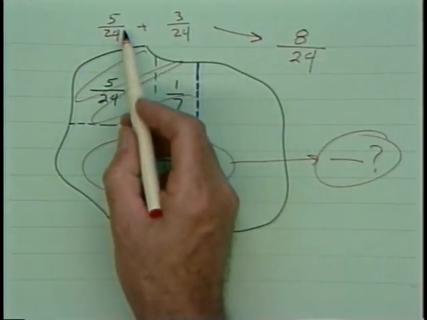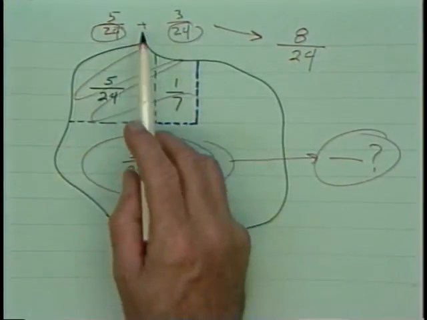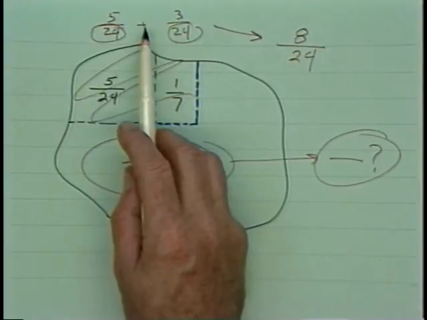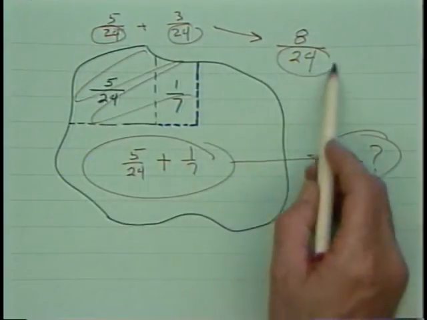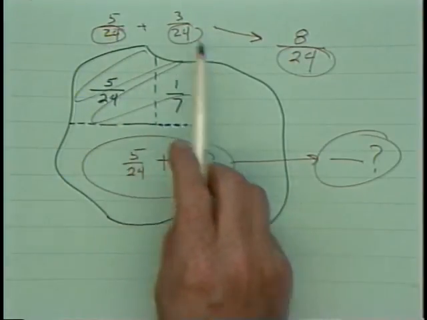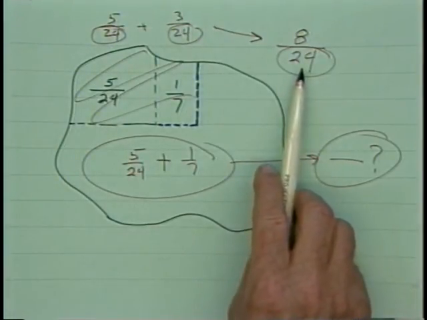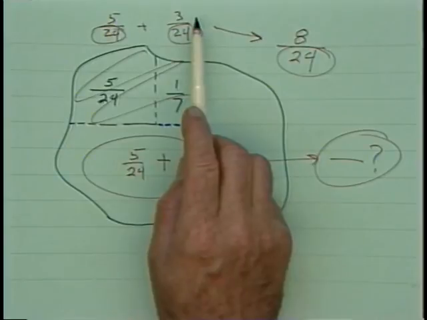So if the denominators were the same and we wanted to add, it seems common sense that we would simply leave the denominator alone because we still have the same number of original subdivisions, and we simply add the tops.